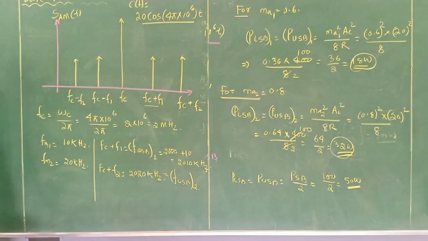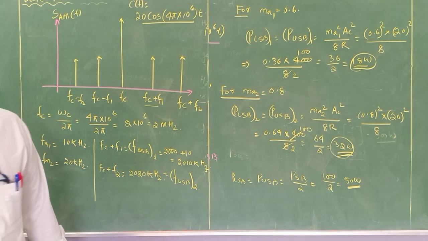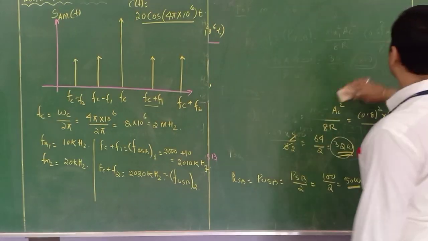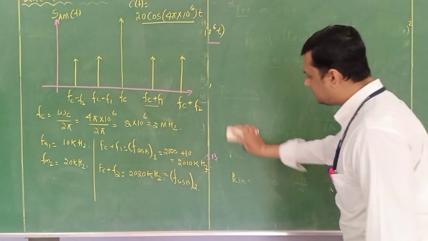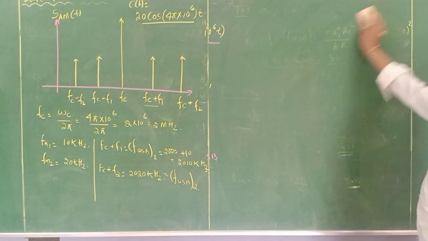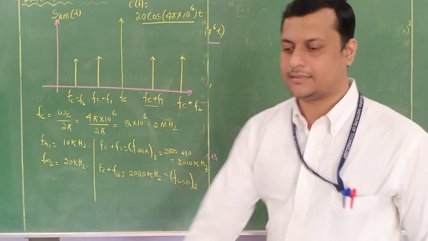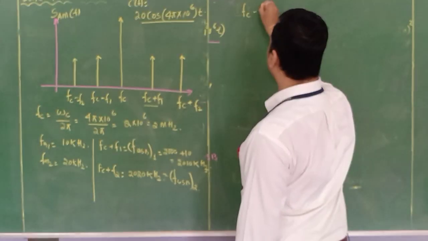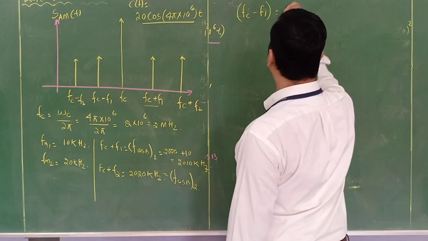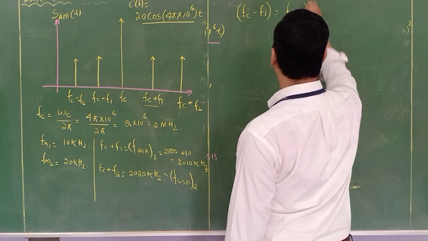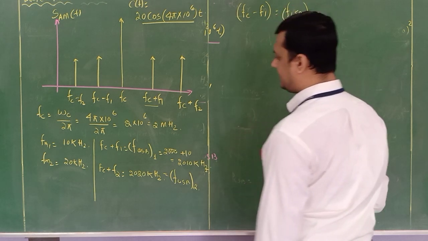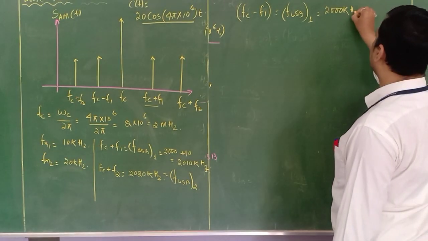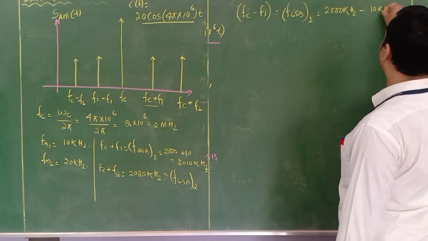Next we have to calculate the lower sideband frequency components. First Fc minus F1, which is the LSB of the first modulating signal. Fc is 2000 kilohertz and F1 is 10 kilohertz.